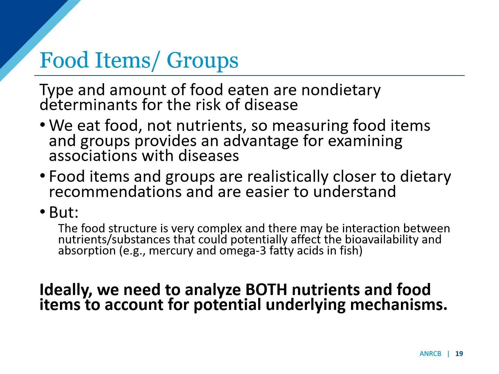Food items and groups are realistically closer to dietary recommendations and are a bit easier to understand for most individuals. But food structure is complex, and there may be a lot of interaction between nutrients and substances that could potentially affect bioavailability and absorption of different nutrients. So ideally, we need to analyze both nutrients and food items to account for potential underlying mechanisms.